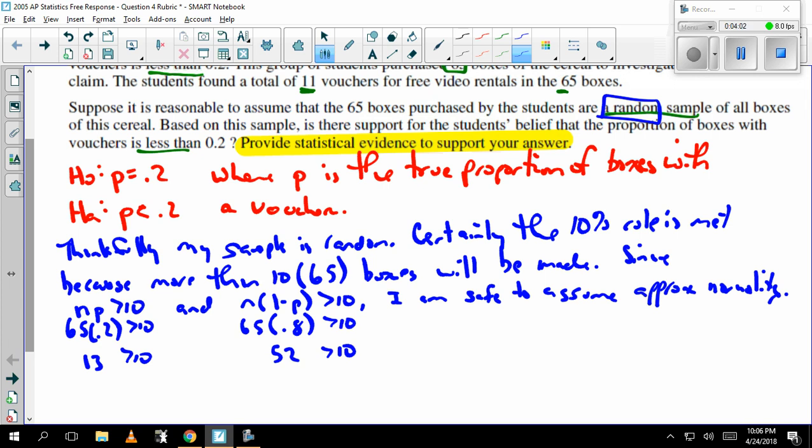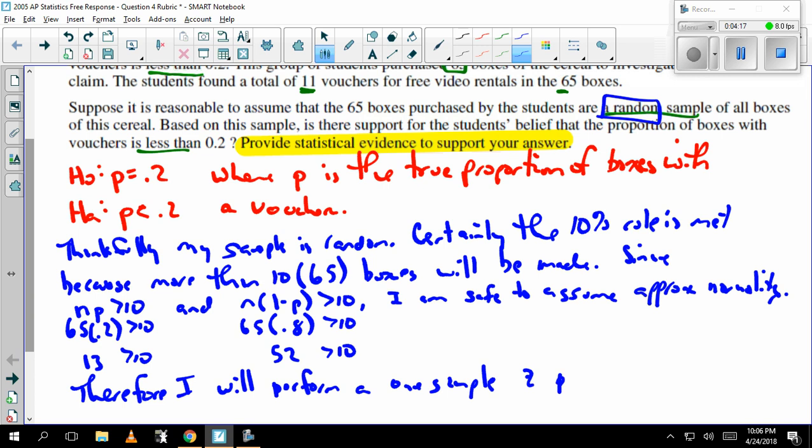So I'm good in both cases right there. And then, therefore, I will perform a one sample Z procedure for proportions.